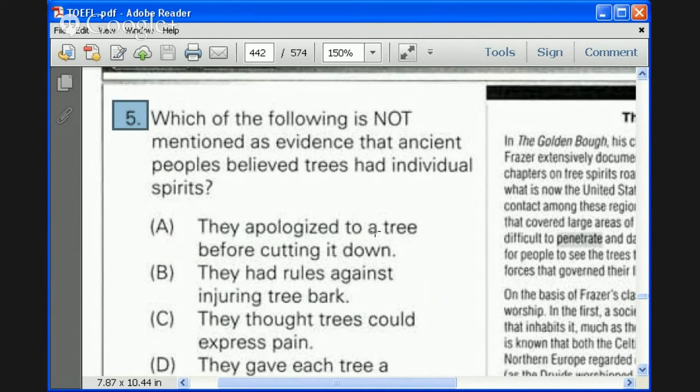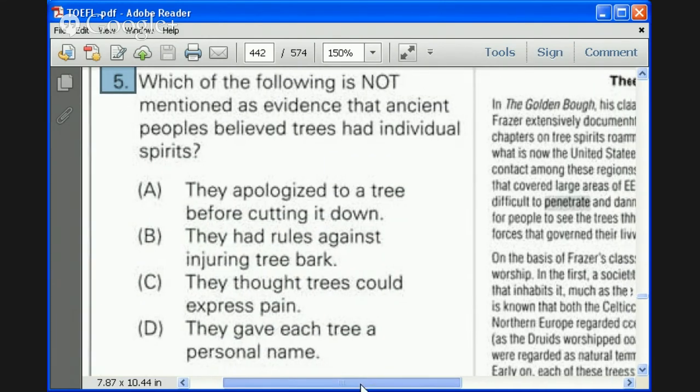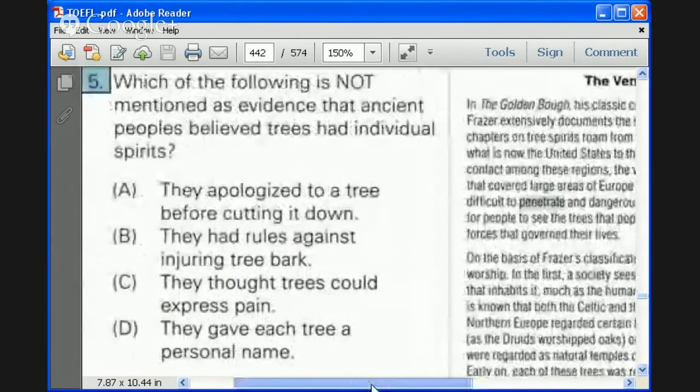For the simple reason it's going to take me 3 minutes probably to scan, find the information, and use process of elimination. I need to eliminate 3 answers that are there. So my strategy, this is all strategy. I might skip it. But let's say I'm going to do it. How am I going to actually do this question?